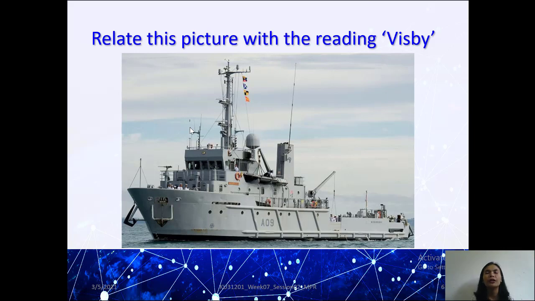So how can you relate information in a text with a picture or with numbers? I want you to relate this picture with the reading of Frisbee, the reading today. What information can you tell from this picture according to what you have read just now? So that's the next activity.